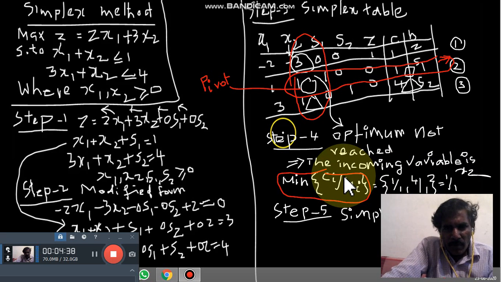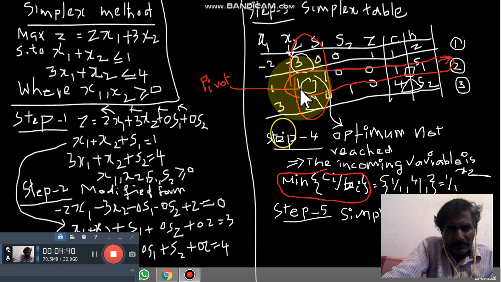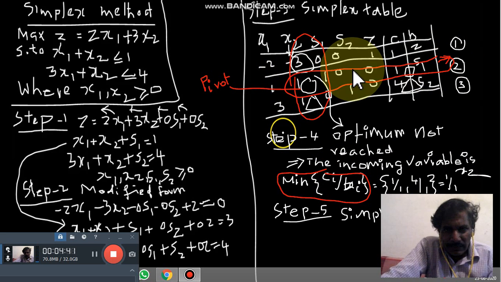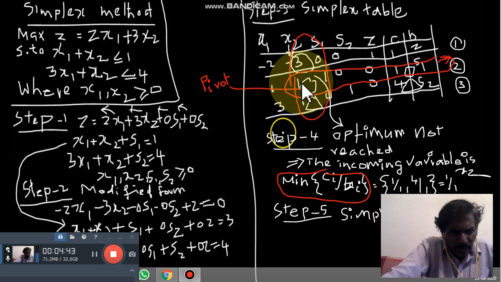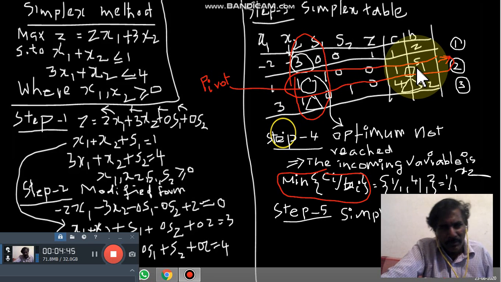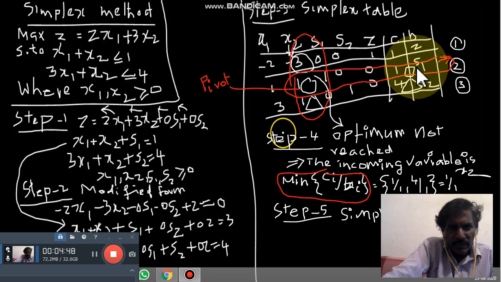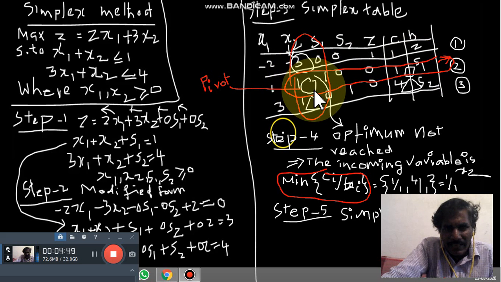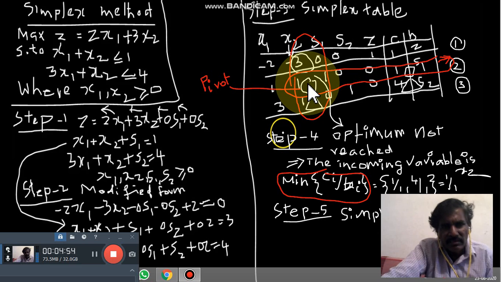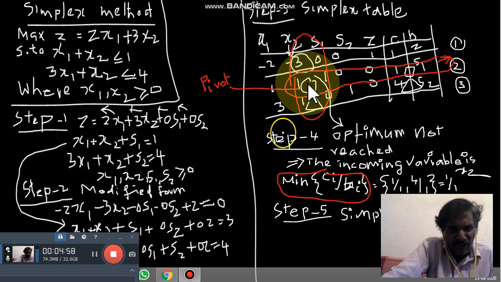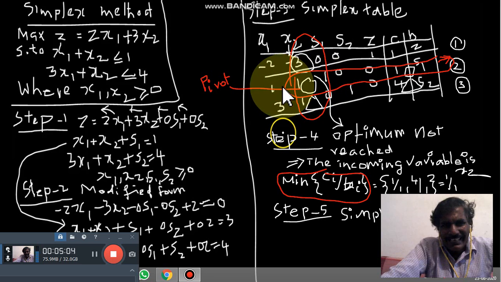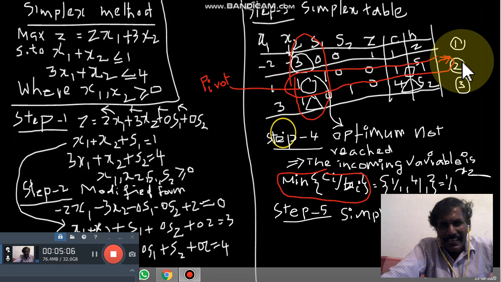So the minimum replacement ratio is 1 by 1. The intersection of the incoming variable and the outgoing variable is called the pivotal element. Here the pivot element is 1. So we are lucky to have the number 1, because if the pivot element is not 1 but any other number, then we have to make it 1 by dividing throughout equation number 2 by that number.